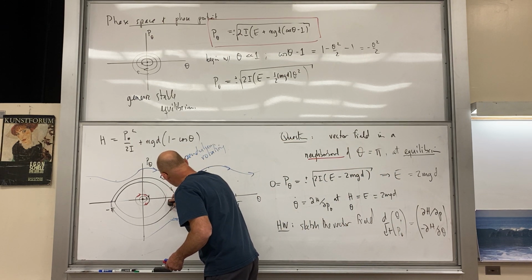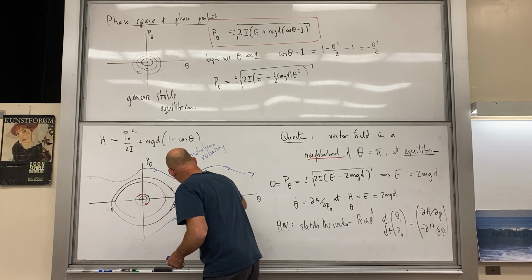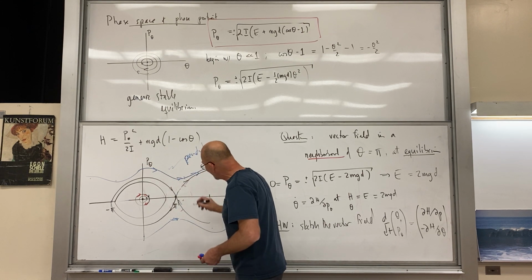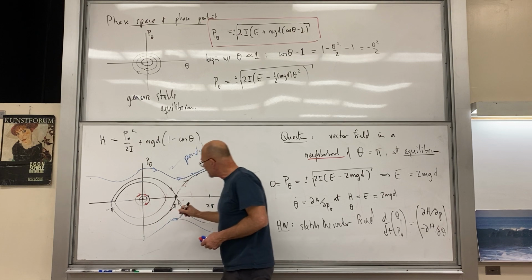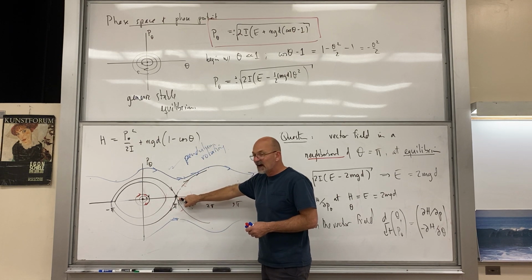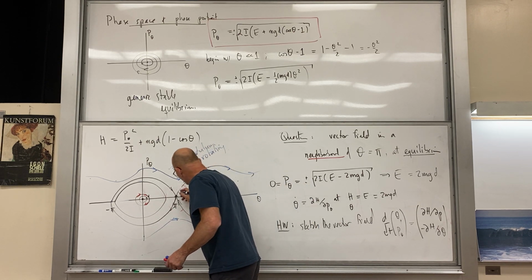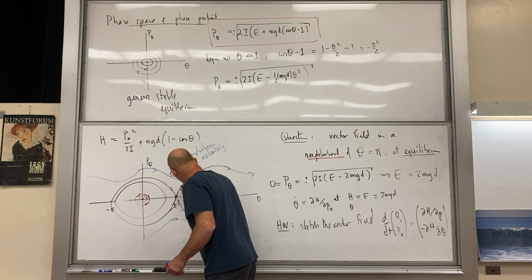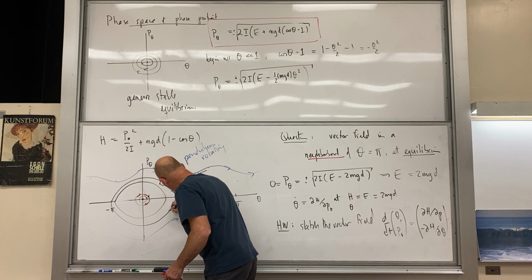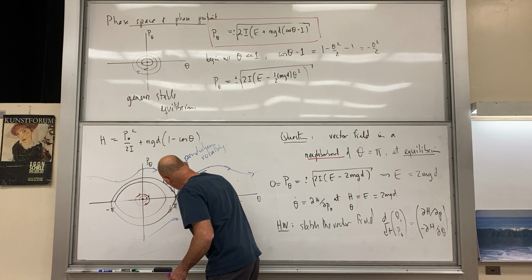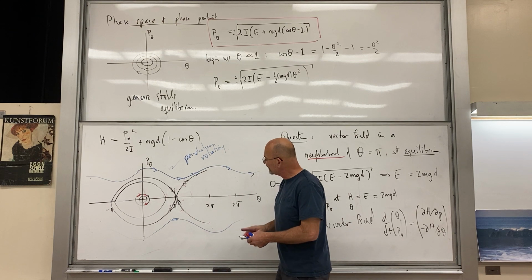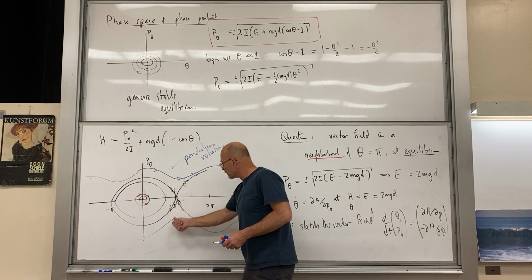This is the answer right here. So in the vicinity of this unstable equilibrium, you have a vector field where the arrows come in and go away. Okay, this is your instability. So if you're just in the neighborhood of that, you're leaving.